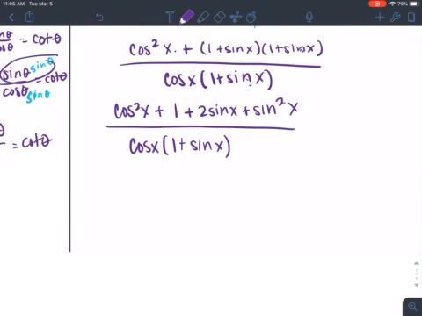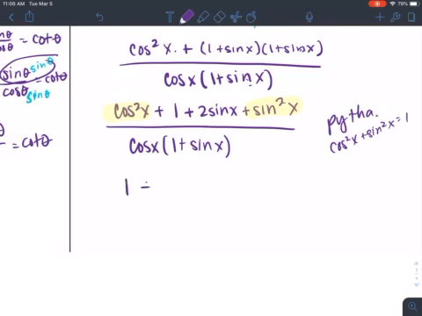All right, now what can I do? I'm going to look for some tricks. I see one. What is cosine squared x plus sine squared x equal to? That is equal to 1 according to the Pythagorean identities. So cosine squared x plus sine squared x is equal to 1. So I can replace that with a 1.